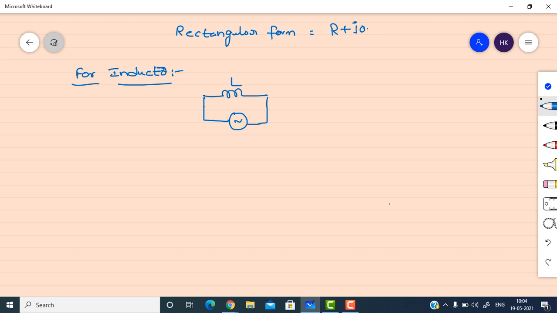There is L and current passing through this I, and V is the applied voltage Vm sin omega t. What is the current equation in case of inductor? AC through pure inductor. In that case, we found the current equation. What is that equation? Can anyone tell me?